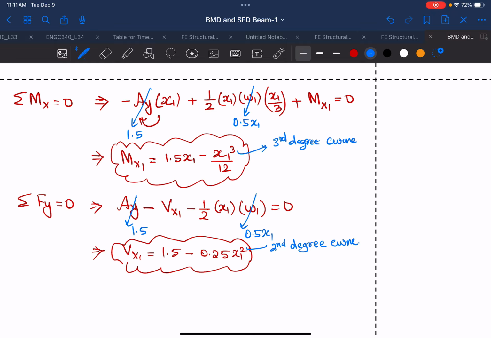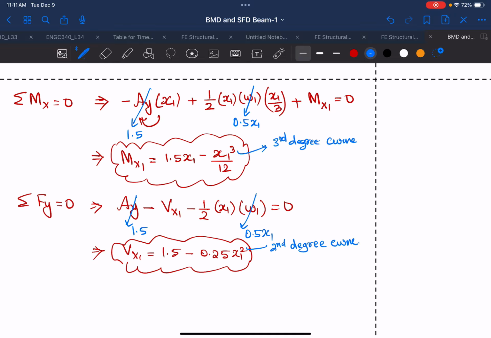If it is zero, it'll be first. If it is first, it'll be second, and if it is third, it'll be fourth. So you'll see that it's always 1 degree higher. So this is the basic relationship between the shear force diagram and bending moment diagram in terms of the degree relationship. Also, when you draw the shear force diagram, this is another check to make sure that what you draw is correct.